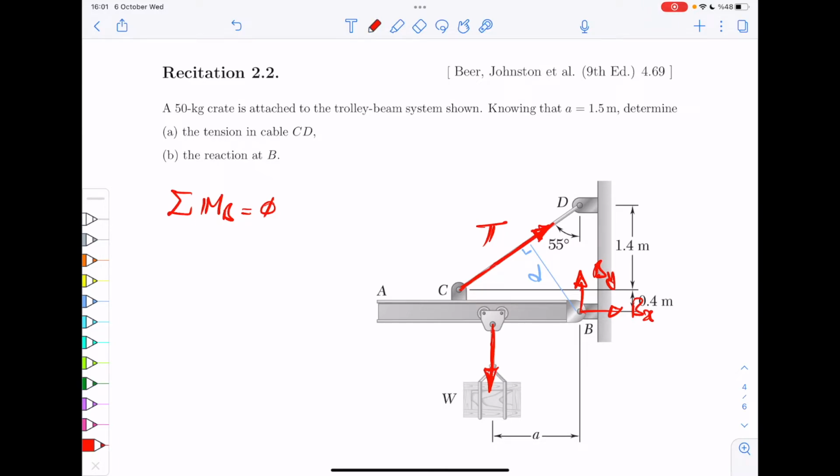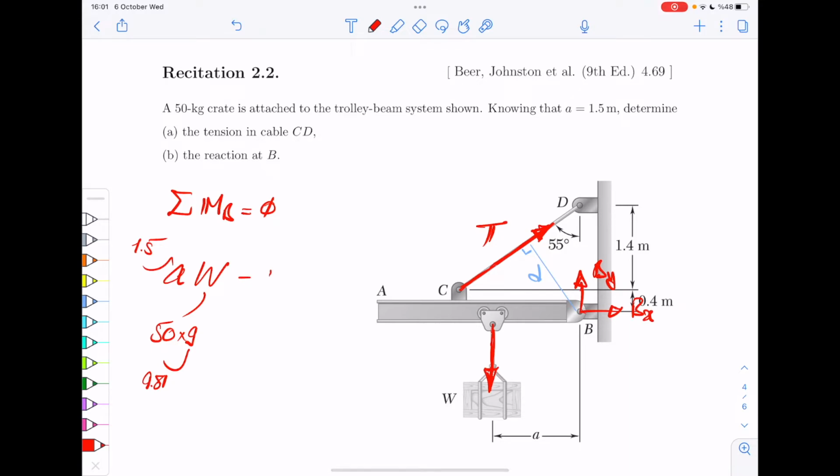So basically what you have here is A times W. Again, by W, I mean the force W, which is 50 times G, and G being 9.81. A is just 1.5. That's the distance. This is your counterclockwise moment with respect to B.